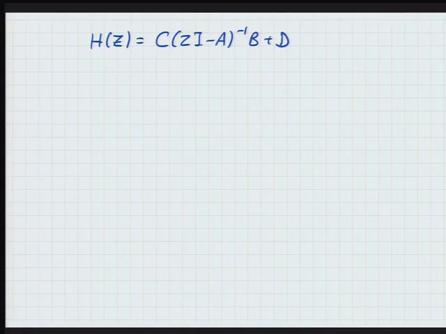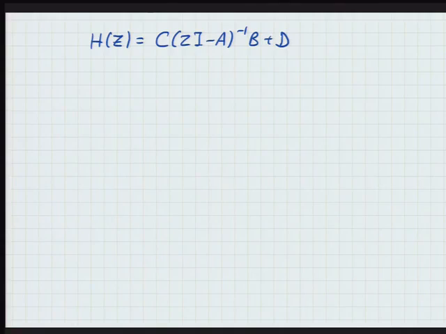Now when you invert zI minus A, you'll get the characteristic polynomial of A in the denominator. And that characteristic polynomial will be a polynomial in z, right?